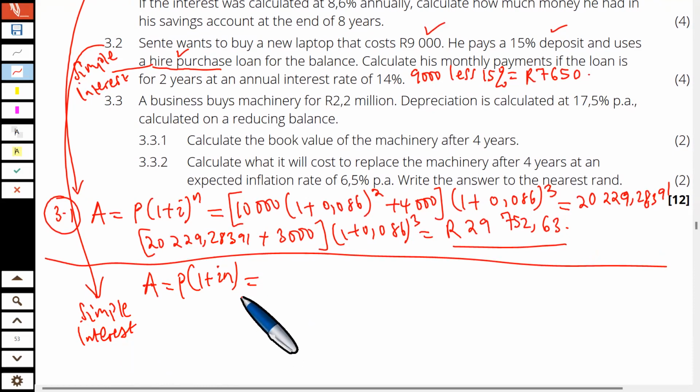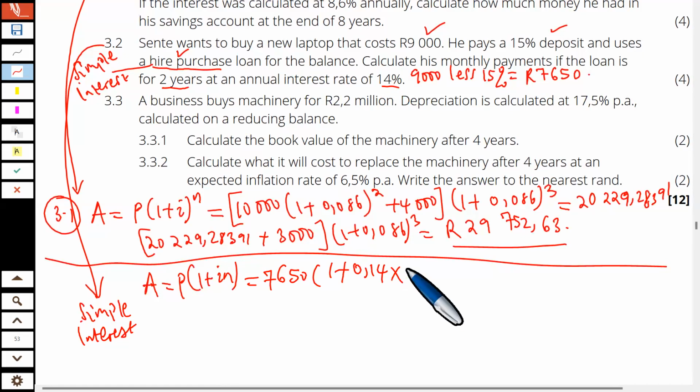But now remember that he's going to take the loan for the amount of the balance, the one that must be paid after the 9,000 less 15%, which is 7,650, into 1 plus the interest rate, which is 0.14 because it's 14%, multiplied by n, the number of years, which is 2 years.